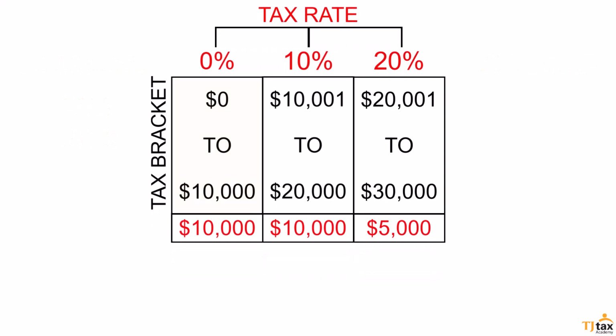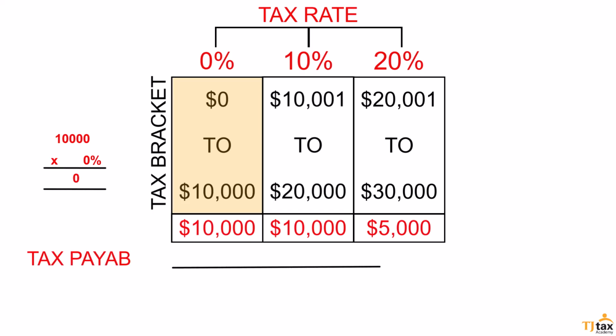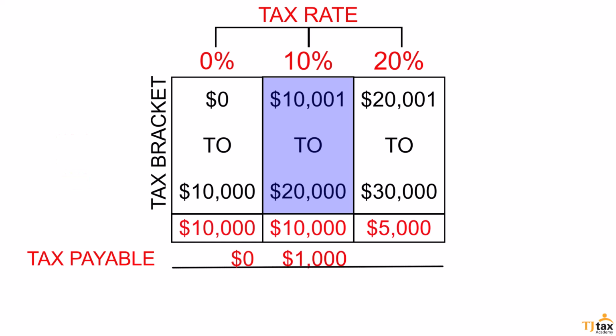The first tax bracket is $0 to $10,000, so I multiply $10,000 by a rate of 0%, which equals $0, which means you would have paid no taxes if your income was only $10,000. The second tax bracket is $10,001 to $20,000, which equals another $10,000, so I multiply $10,000 by a rate of 10%, which equals $1,000. Which means you would have paid $1,000 in taxes if your income was $20,000.